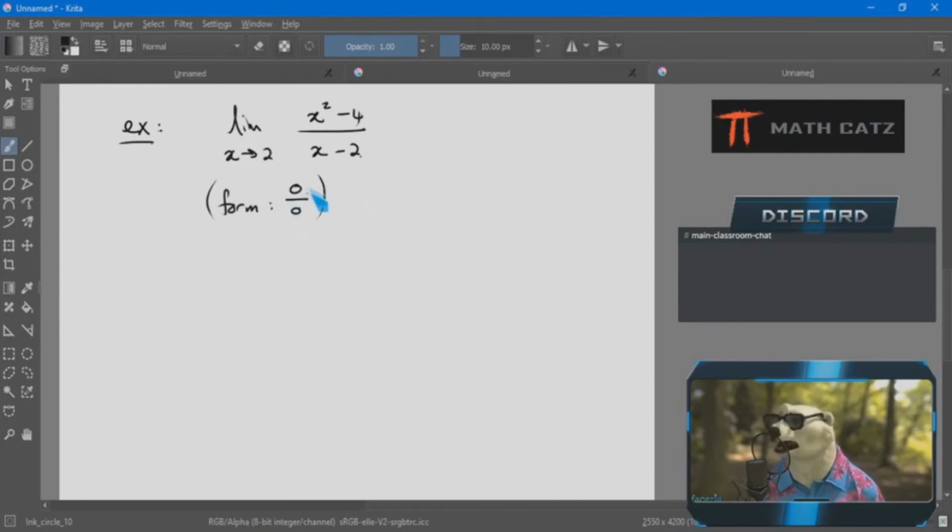So now, just like the infinity over infinity case, it's a matter of how fast these two are shrinking relative to each other. Do they balance each other out? Does one shrink faster than the other and dominate the fraction? I don't know. So the exact same situation is happening here, but now for shrinking down to 0 instead of blowing up. So I can't say anything from 0 over 0.